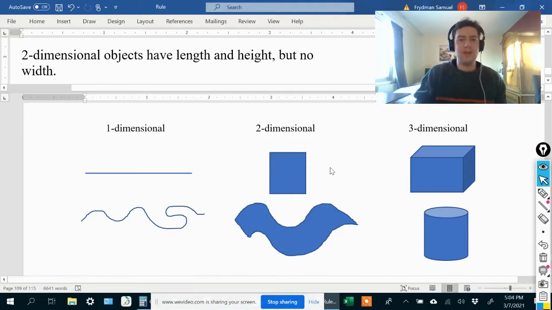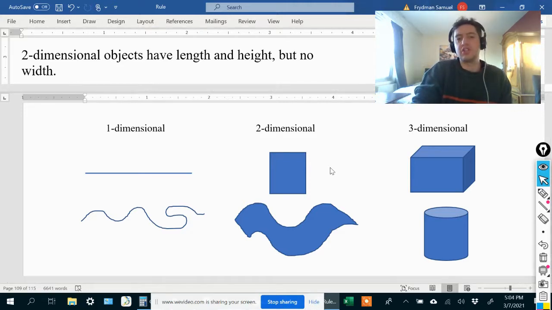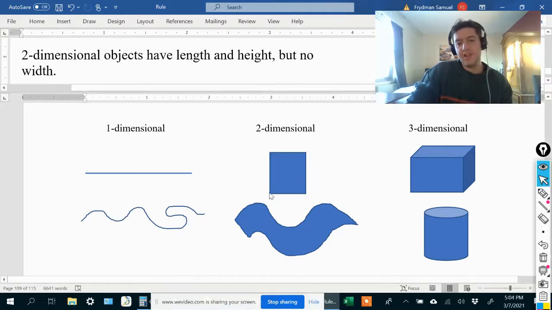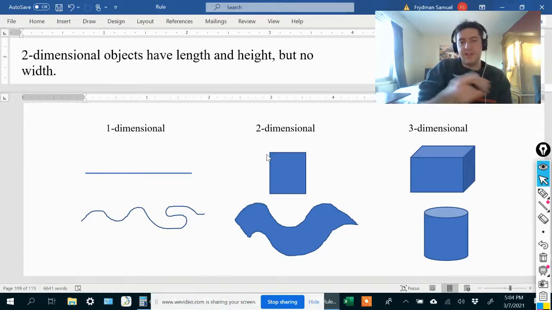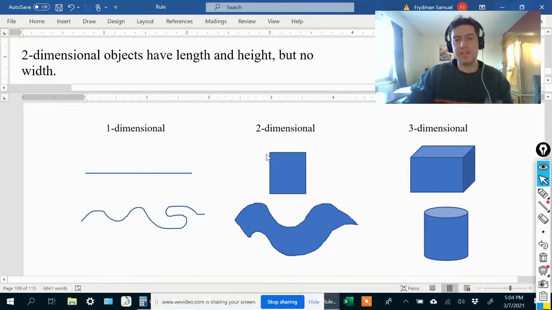It really doesn't matter what name you ascribe to each dimension. The point is, this rectangle is sticking out in two directions rather than three, and that's why we call it two-dimensional, right? Regardless of whether you want to say it has length and width but no height, or length and height but no width, or whatever you want to say. It's just two of them, not three.